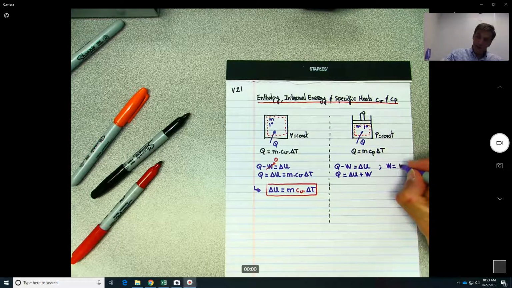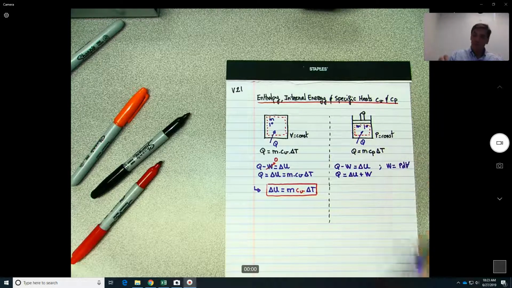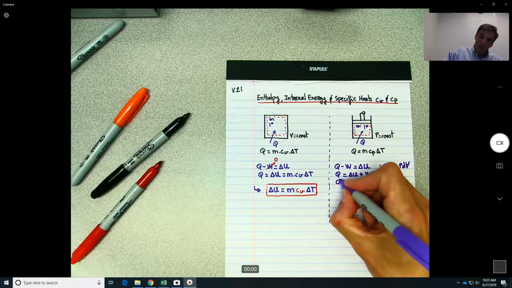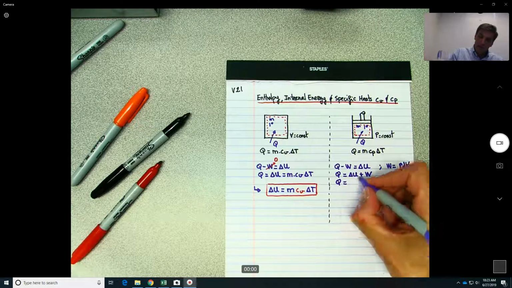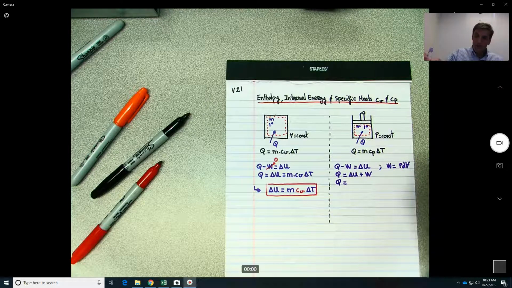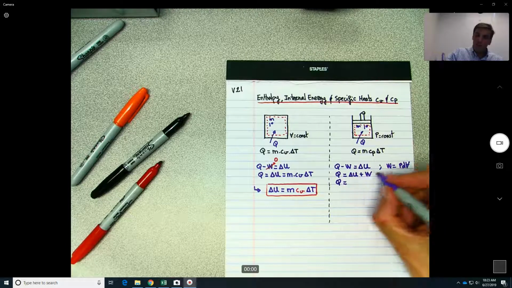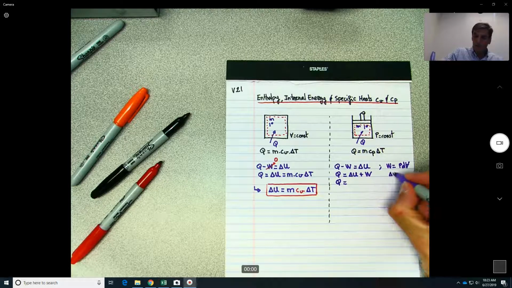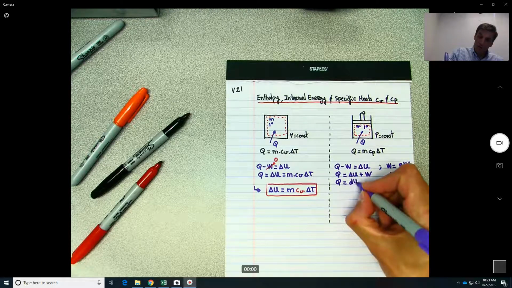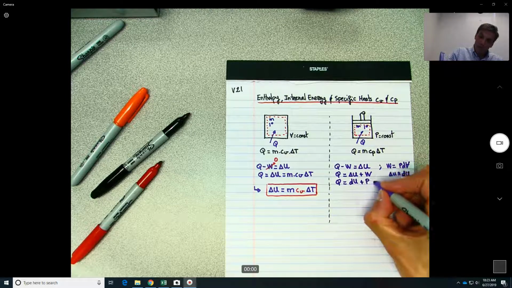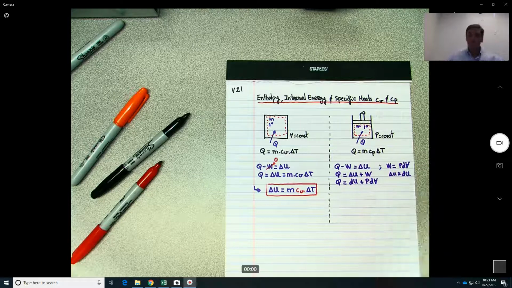It is P dV. So basically we're going to have Q equal to, okay, a little bit complicated here in notation. So let me just change the delta U, just for notation, to dU, so dU plus P dV.